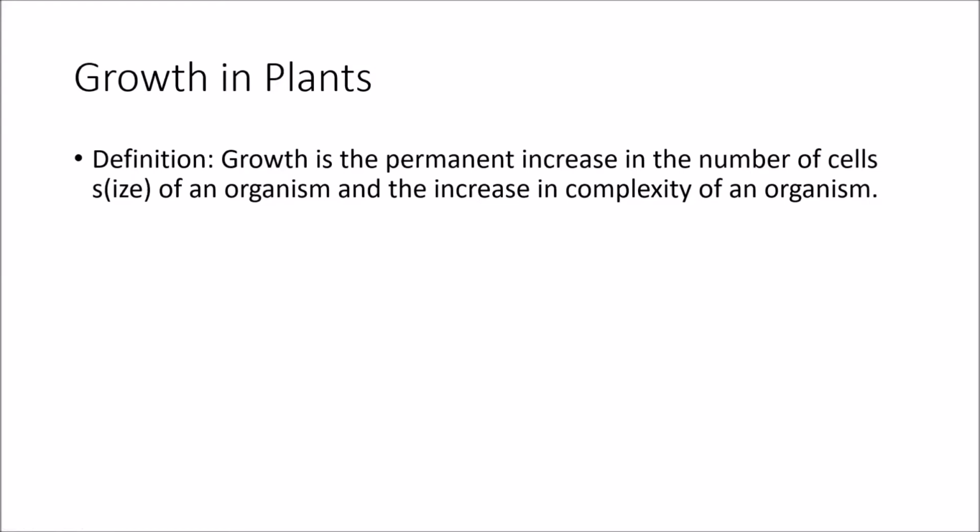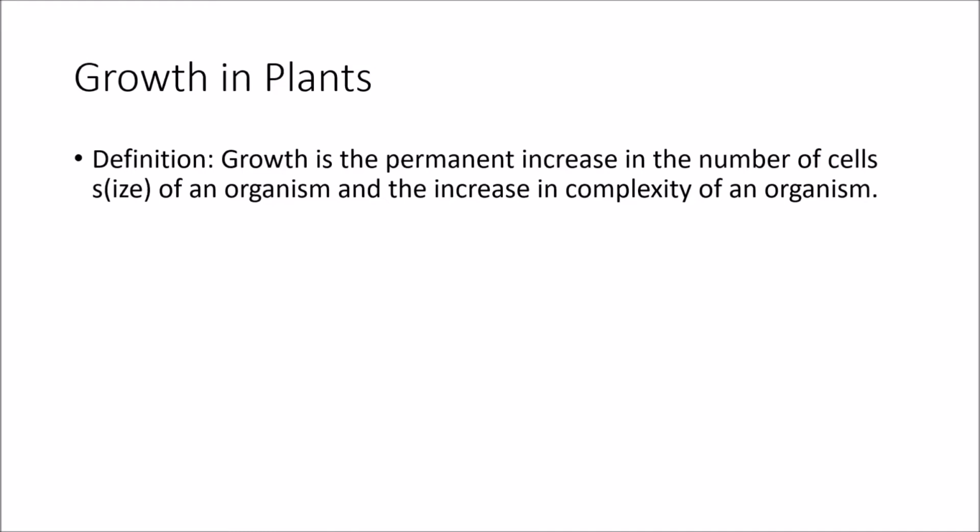So this basically refers to how an organism is going to change or become a little bit more complex as growth is occurring. So for example, with an embryo or a baby, over the course of 9 months, that baby is going to start off as one cell or a zygote.